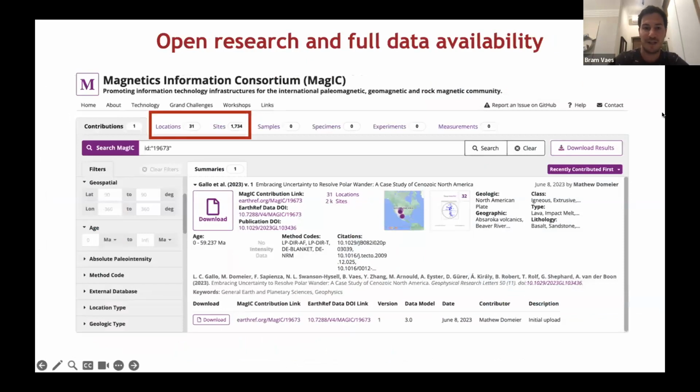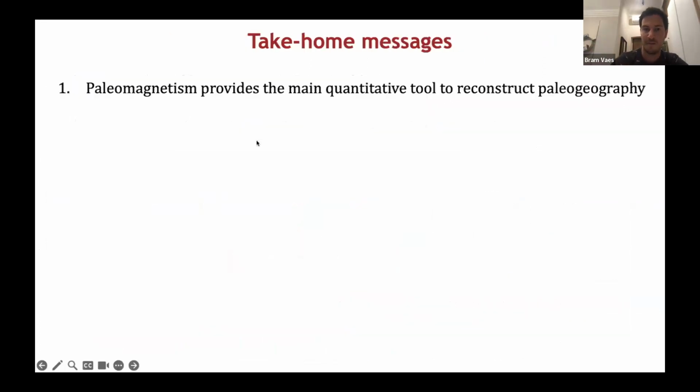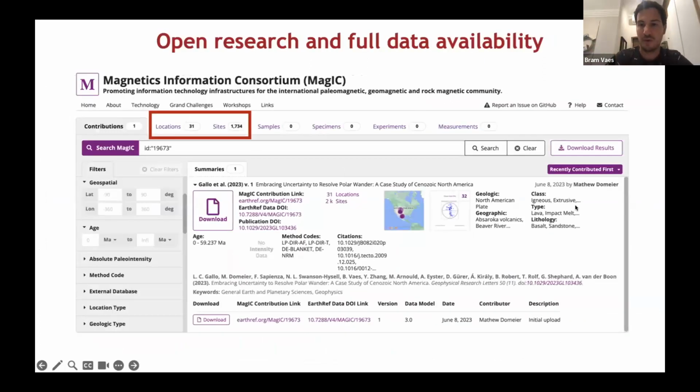All right, so then we put this compilation, so 31 locations with 1,700 sites, back into the MagIC database, so that now it's available to everyone. And of course, some of the publications that we compiled were already in this database, so that was quite easy to do.